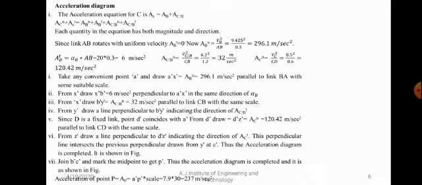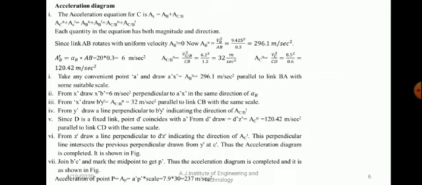a_NCB is equal to V_CB squared by CB. a_NC is equal to V_C squared by CD. a_NC, but a_TC you don't know. a_TCB you don't know. But a_TB you know here, because the rotating velocity a_TB is 0. But now here a_TB is equal to alpha B, which is given.